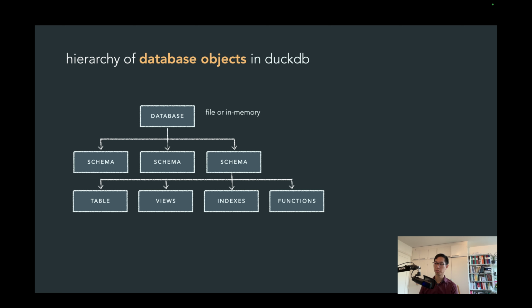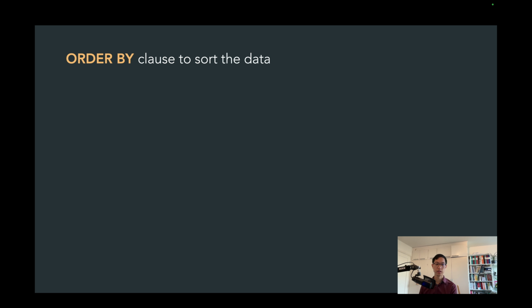However, when you run DuckDB with a database name, then you will have persistent storage, so it's in a file. And here the schemas are the logical grouping for database objects. So this is the hierarchy of the objects in DuckDB.